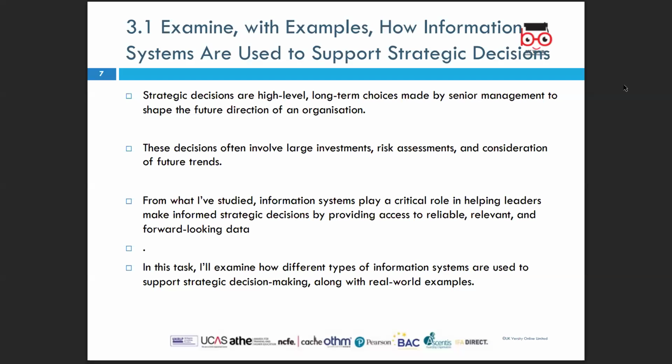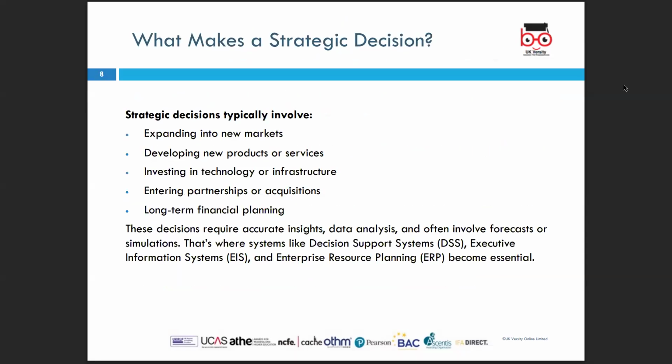Now we're going to examine how different types of information systems are used to support strategic decision making. So what makes a strategic decision?